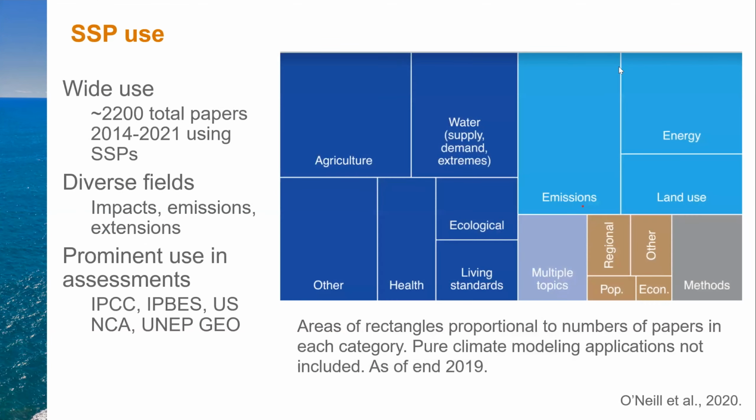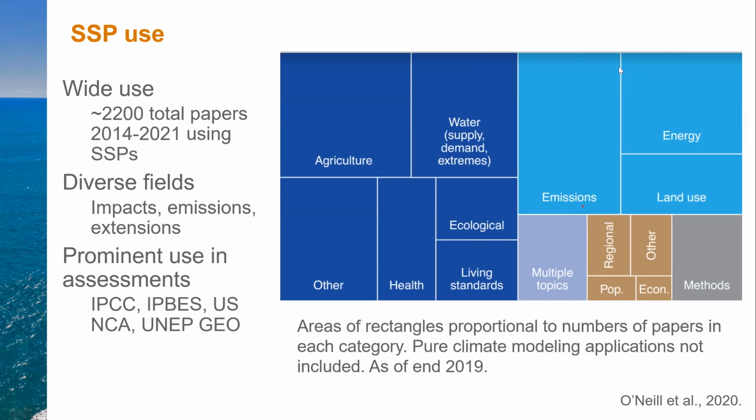The SSPs and RCPs have been used quite extensively. Up until about a year ago, there were over 2,000 papers in the literature that use the SSPs, and in many cases, although not all, use RCPs or climate assumptions based on them. And they're used in many different types of studies. The dark blue boxes here represent impact studies.